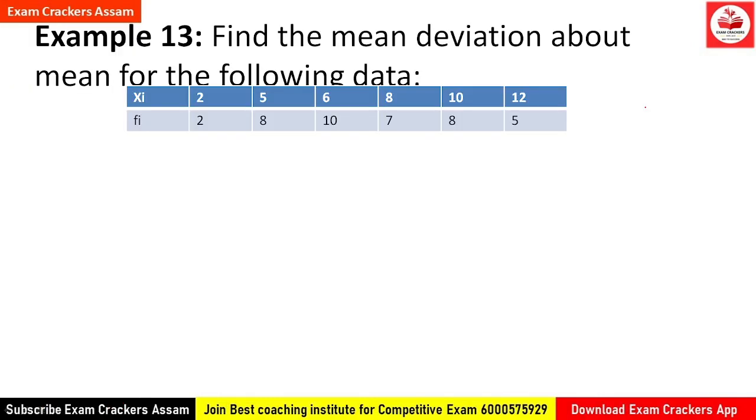Okay, let us consider one example. তেতিয়া হলে আপোনালোকে ভালকে বুজি পাব যে how to solve this type of questions. Find the mean deviation about mean for the following data, and the data set is xi's, values of xi's are given and the corresponding values of fi's are also given. So solution.